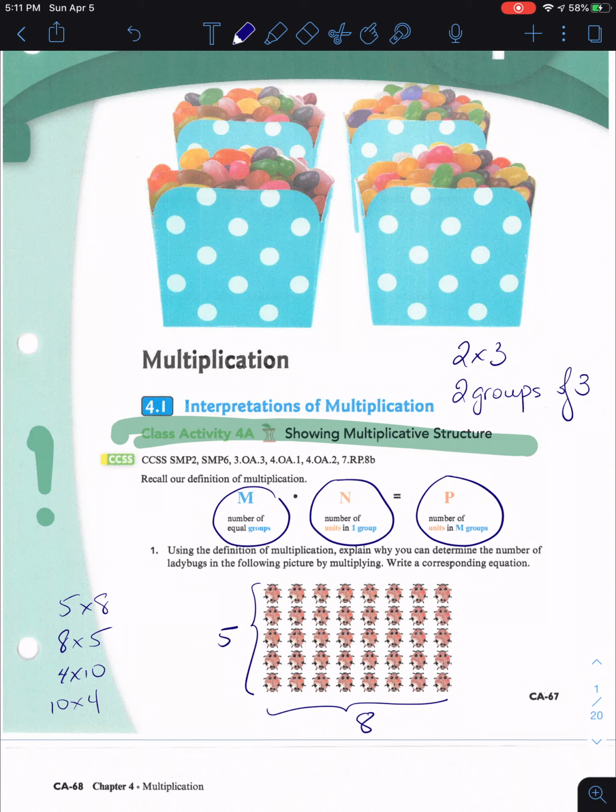The group of educators that are very sticky about the way that this is written will say that that's 5 times 8, 5 groups of 8, or 5 rows of 8 ladybugs. And they will say that if a child writes 8 times 5, that is not what that particular array represents. That it is equivalent to 8 times 5, but that is because of the commutative property, not because of the way that it is displayed.